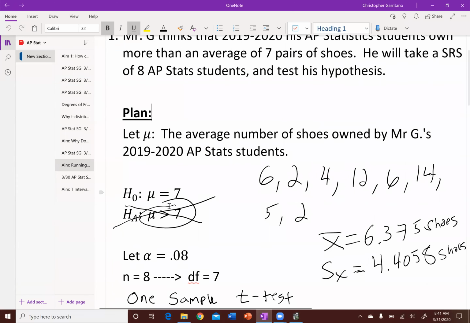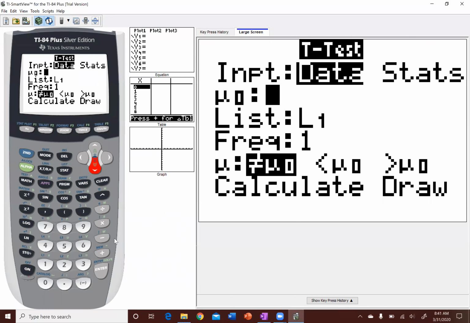Well, in this example, we were assuming that mu was equal to 7. So mu naught is 7. Your next input would be whatever list you're using, and we used list 1. Leave frequency at 1.